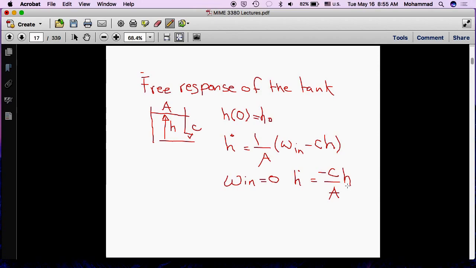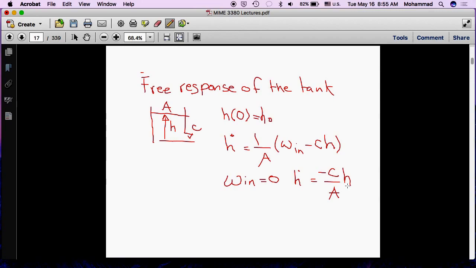So you're saying, in other words, that H dot depends on H. So as H changes, H dot changes too. But don't we know the value of H at time 0? We know how much fluid is in the tank, right? So at time 0, we know H dot is a negative number, and we know exactly what that negative number is.